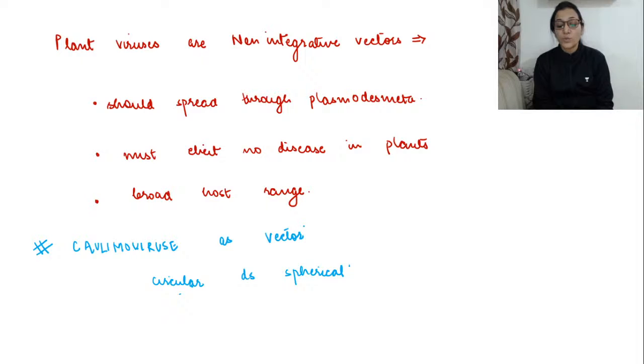Cauliflower viruses are widely distributed and are responsible for a number of economically important diseases in various crops. This caulimovirus group has around 15 viruses in its own category, and cauliflower mosaic virus is the most important for gene transfer.